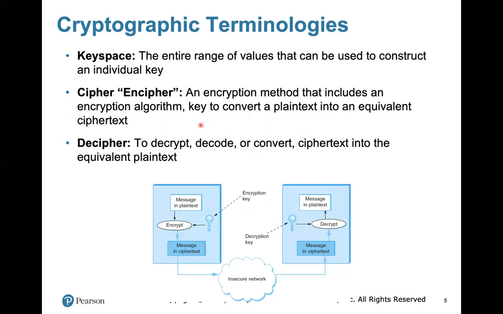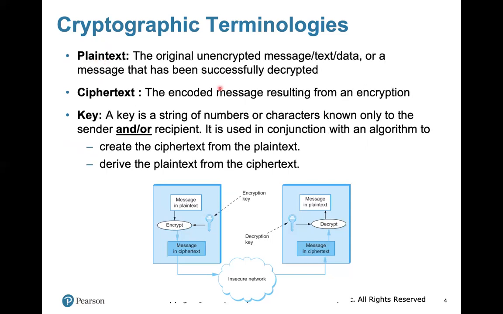Okay, we have key space. Key, like I said, based on the definition, is a series or string of characters or numbers. And at the end of the day, every character in a computer system takes 8 bits. So if you say, for example, the key is 8 characters, to me it means that the key is 64 bits, because I multiply 8 by 8.